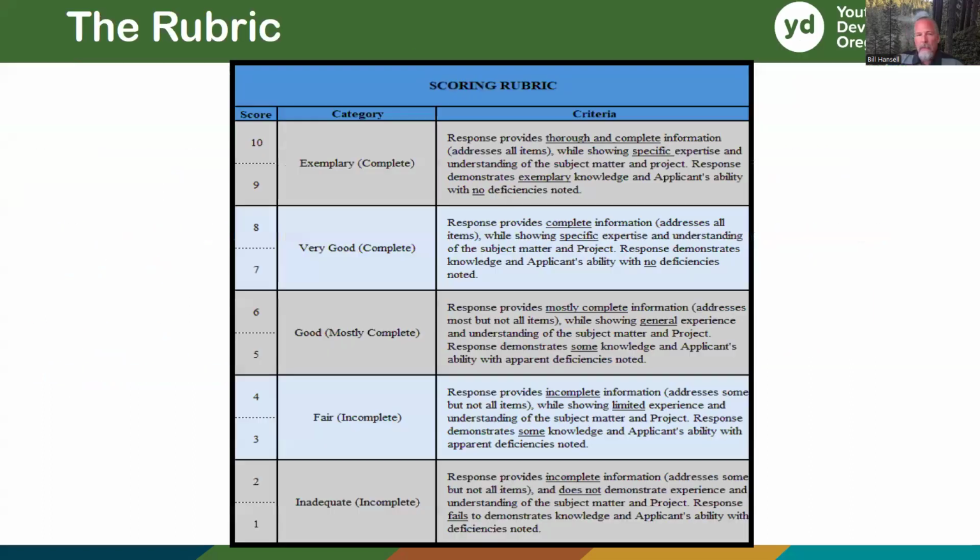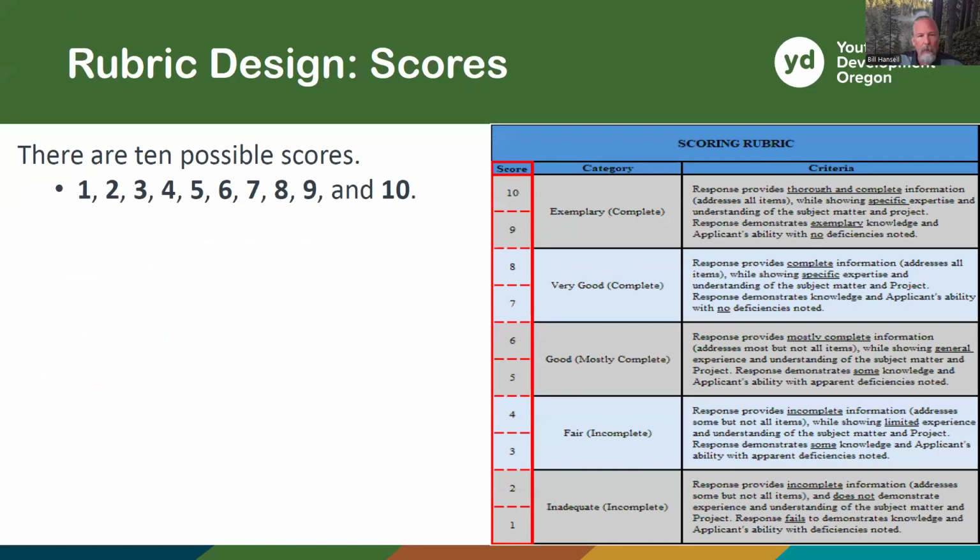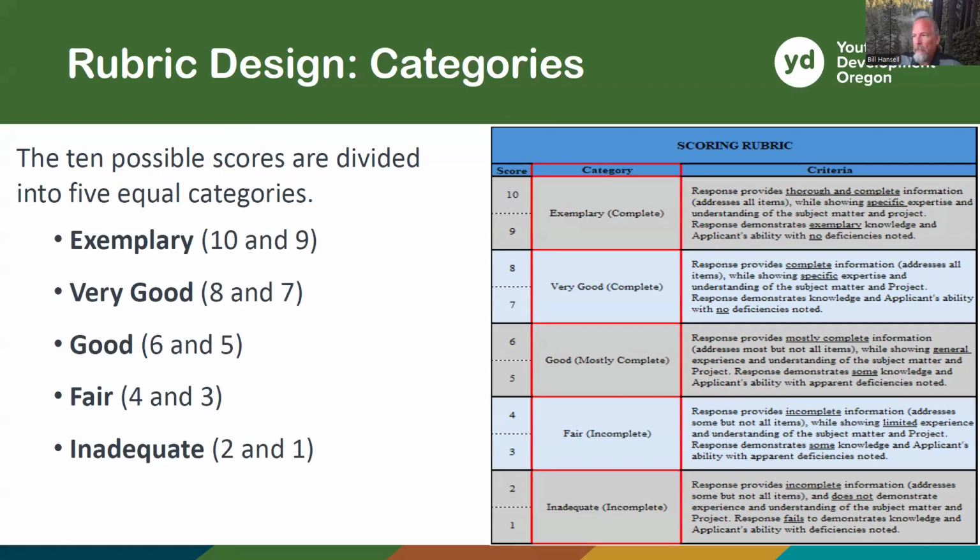Next slide, please. Here's a look at the rubric itself. We'll go through the various component parts. Next slide, please. What you'll note is that there are 10 possible scores, 1 through 10. 1 is the lowest and 10 being the highest. Next slide, please.